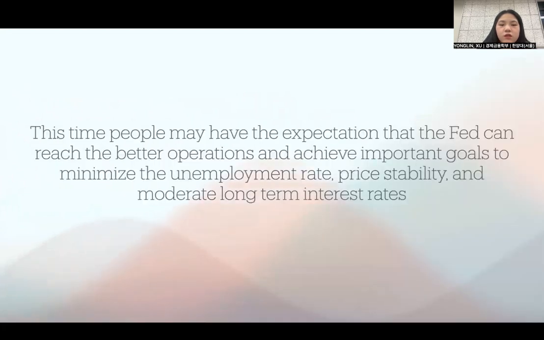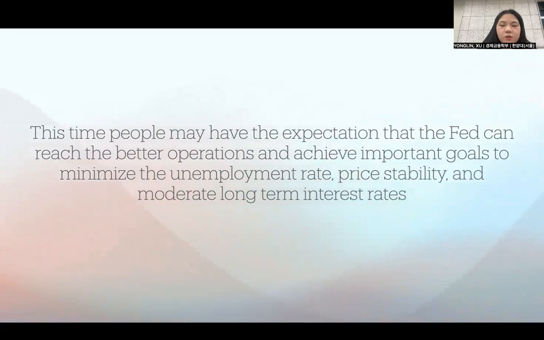And then we come to the last part, the conclusion part. So this time, as I said in the past one, people may have the expectation that the Fed can reach the better operation and achieve the important goals to minimize the unemployment rate, price stability, and moderate long-term interest rate.